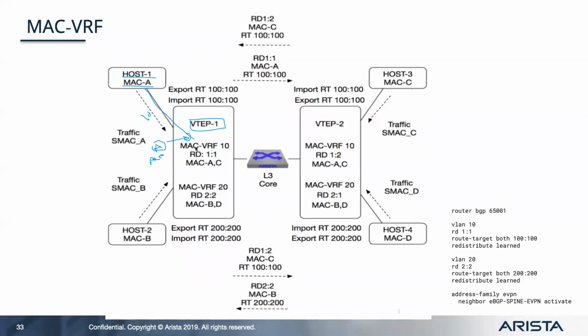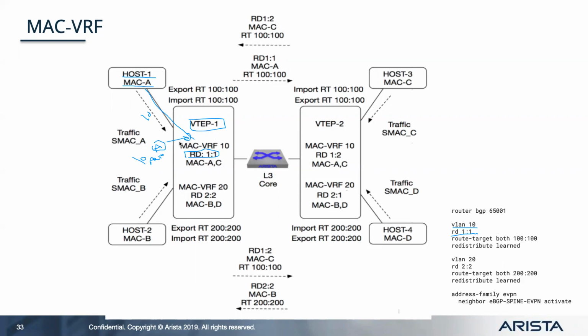What you do is you add the route distinguisher, the RD value. From where? This is the configuration for that. For VLAN 10, you have to add an RD of 1:1, which you have configured under your BGP. So as soon as you learn this MAC under VLAN 10, you create an EVPN route and add the RD value.